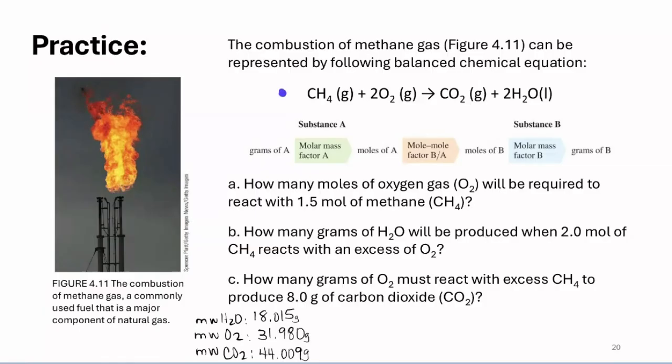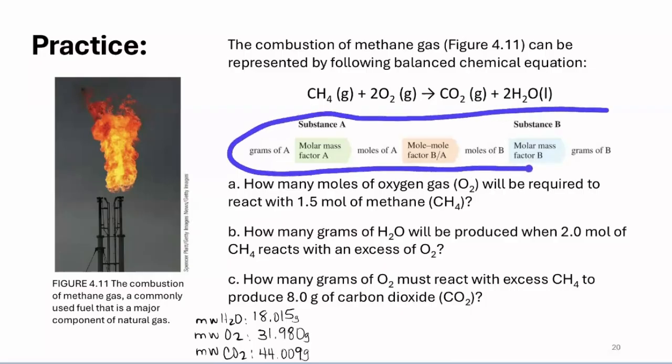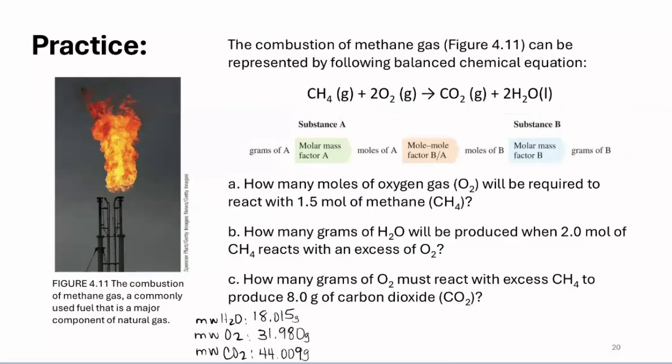Here we have the chemical reaction that we were talking about previously. And additionally, I present to you a flow chart for how we are going to relate each of the substances within our chemical reaction. Let's put it into practice.